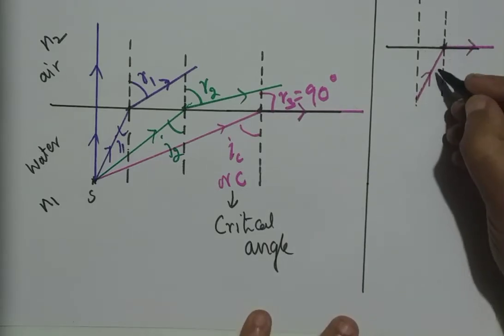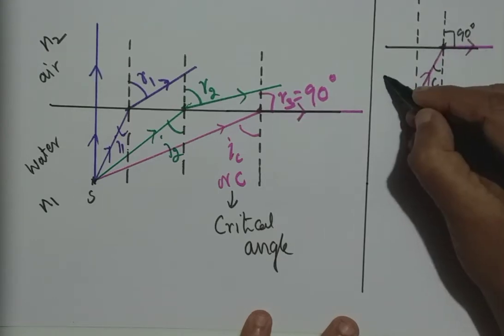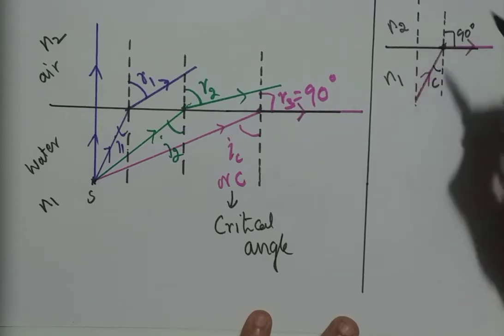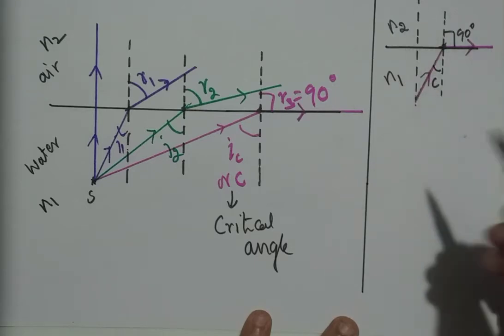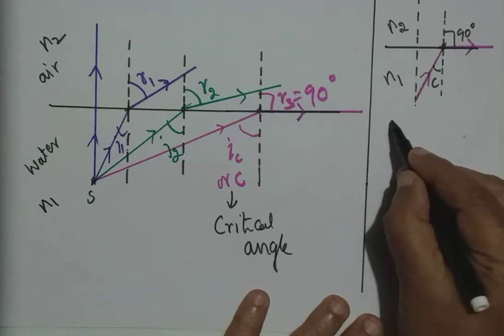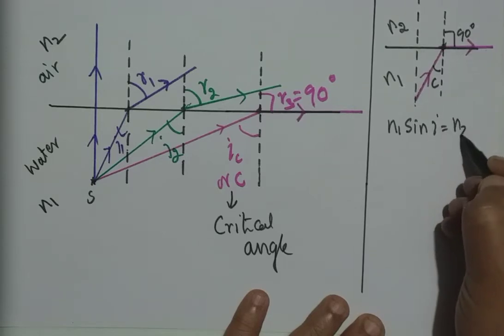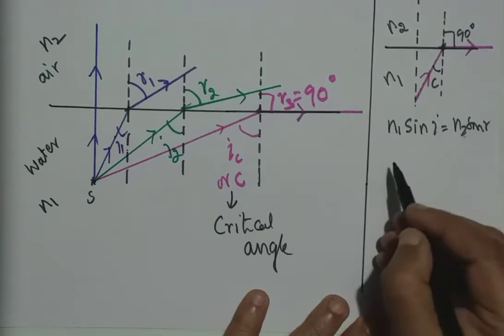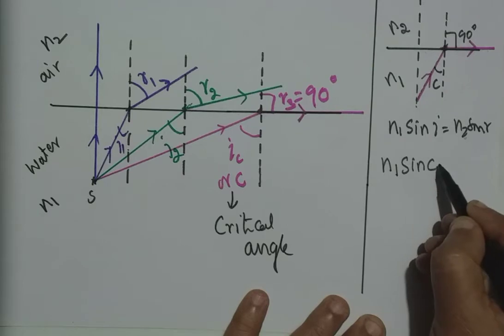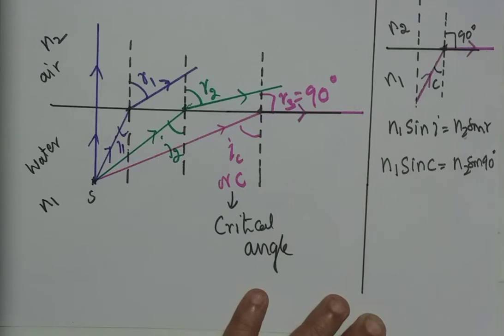Now we write this angle as C and this as 90 degree, and this is of medium of refractive index N1, this is of medium of refractive index N2. This is the first medium and this is the second medium. Now applying Snell's law, I can write Snell's law in the form N1 sin I equals N2 sin R. We can write now N1 sin C equals N2 sin 90 degree.